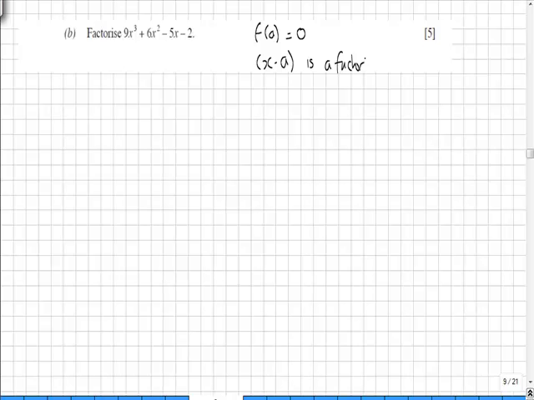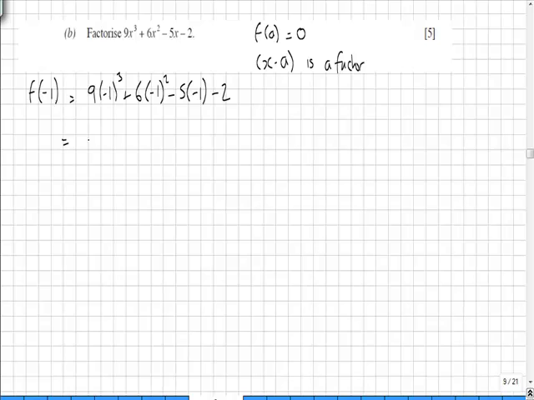Now, because we've already used 1, I'm now going to use minus 1. So f(-1) will be 9 lots of minus 1 cubed plus 6 lots of minus 1 squared minus 5 lots of minus 1 minus 2.